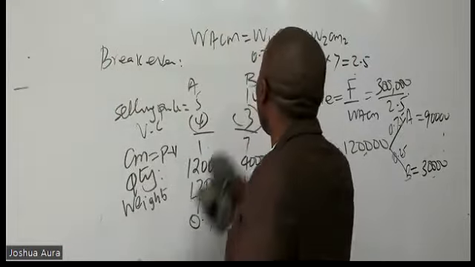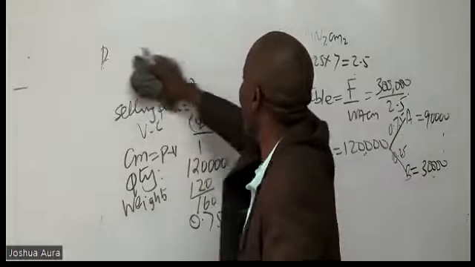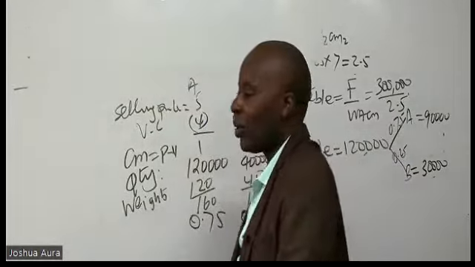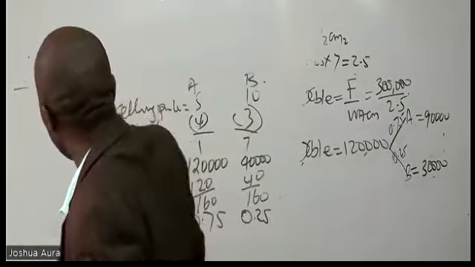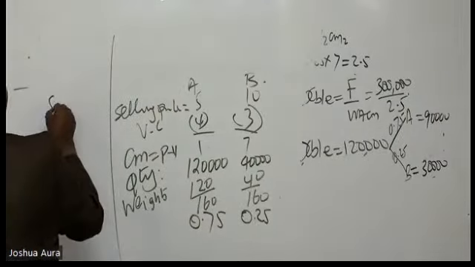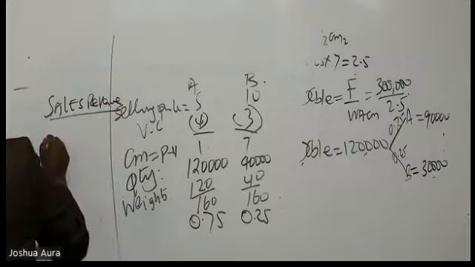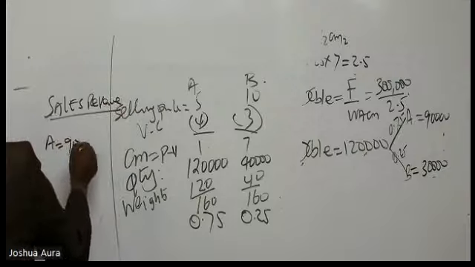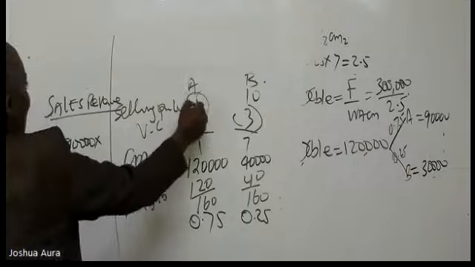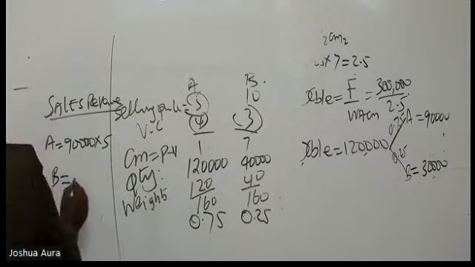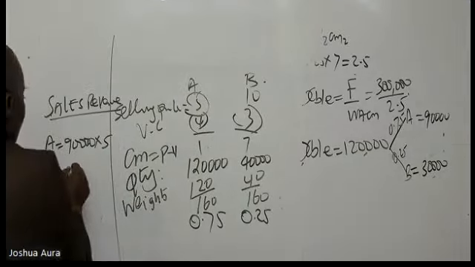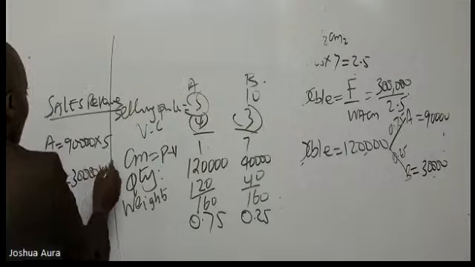So in this particular case, sales revenue, you'll forgive me, my board is quite disorganized. If it is A, I will take 90,000 times the selling price, which is 5. If it's B, I will take 30,000 times 4.